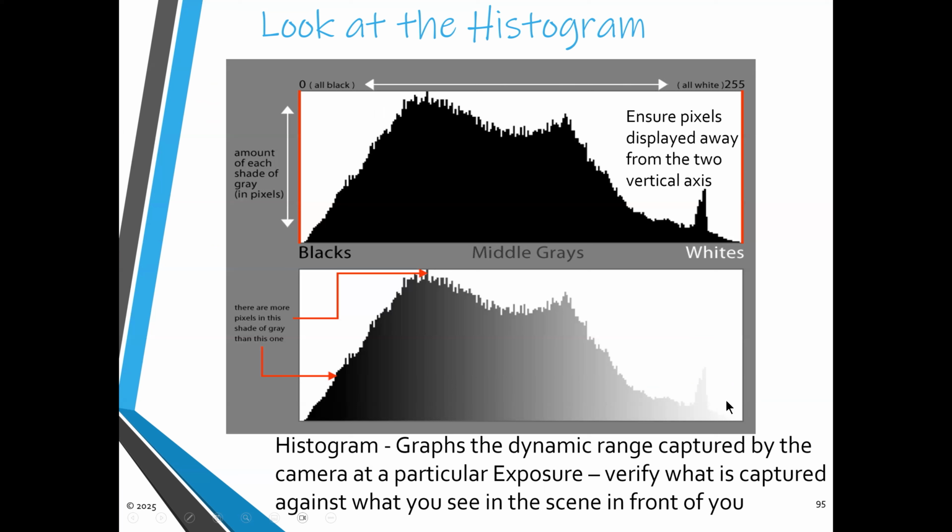It can no longer record color, detail or tone. It is just pure white. When it's right up this end, it's going to be pure black. Yes, in editing software we can drag it back, but when we do, that's when we introduce noise. So ideally, when we're looking at our live view and our histogram, it'll look something like this.